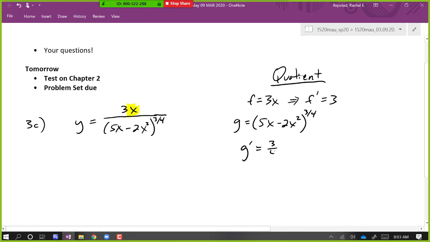3/4 times (5x minus 2x squared) to the negative 1/4. Yep. Times negative 4x. Yeah, close.